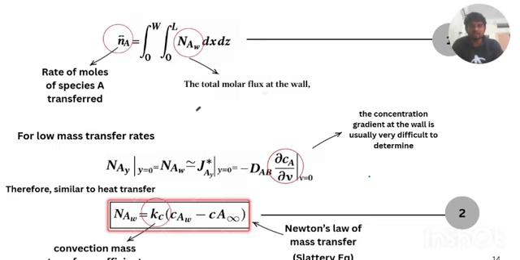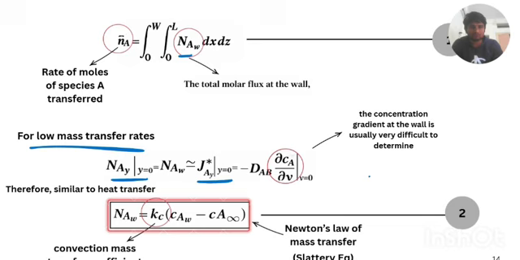So we will now integrate the total flux over the entire surface area of the plate, which gives us the rate of mass transfer of species A. At low mass transfer rate, the total flux at the interface becomes only the molecular flux, which is minus DAB dCA by dy. dCA by dy is very hard to estimate because of the complex nature of flow characteristics.